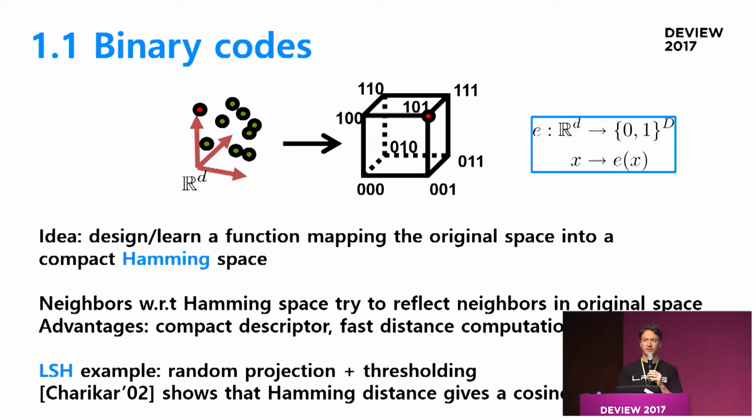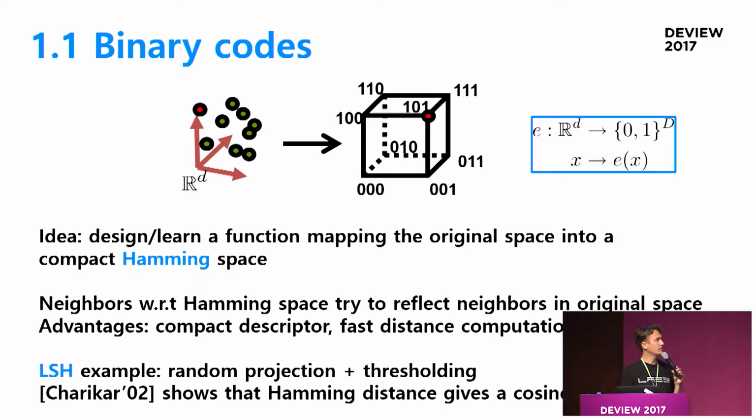And also the distance is very fast to compute. This is because the Hamming distance can be computed extremely efficiently with instructions such as SSE instructions. Indeed, your Hamming distance can be computed with operations such as XOR and popcount.